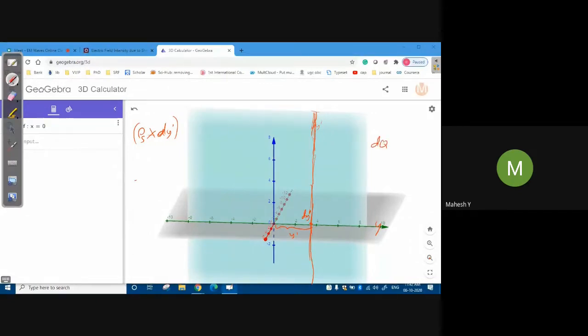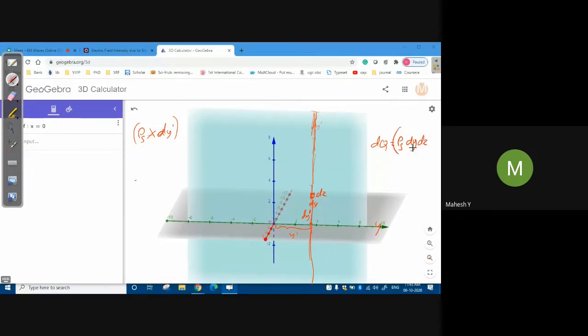Charge is dq, right? For dq, if you want a small portion, I have to take a dy and dz. Okay. Now dq is equal to rho s into dy into dz, right?